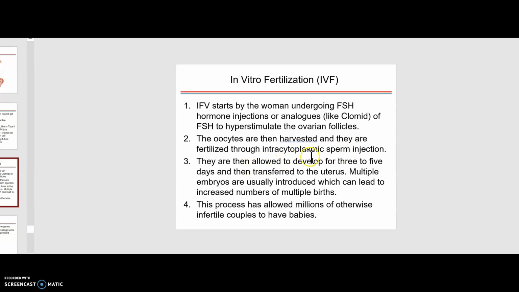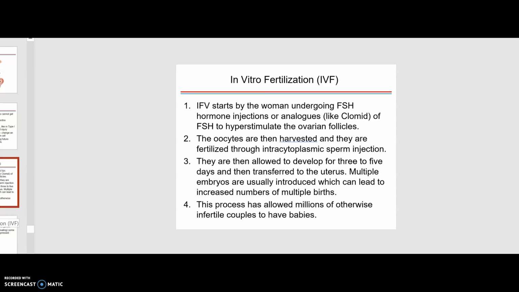They're then allowed to develop for 3 to 5 days and then transferred back to the uterus of the mother. And they implant several of these embryos because it takes several to get one viable, but however, sometimes more than one, so the lady may get multiple pregnancies. And the process has allowed millions of otherwise infertile couples to have babies, okay?